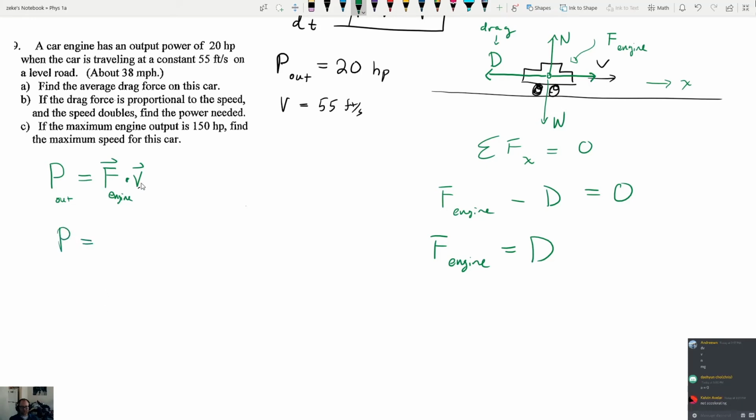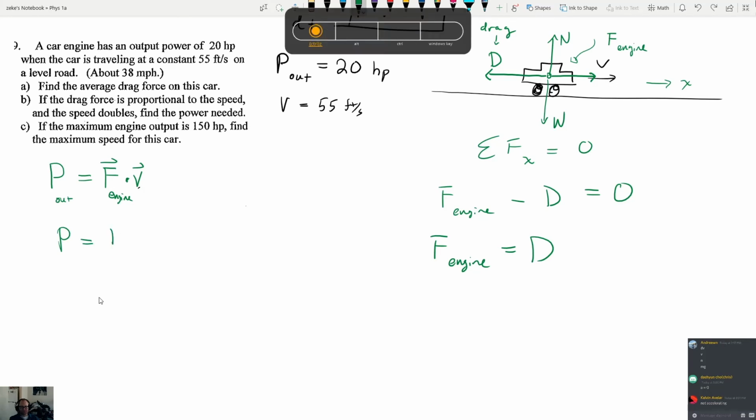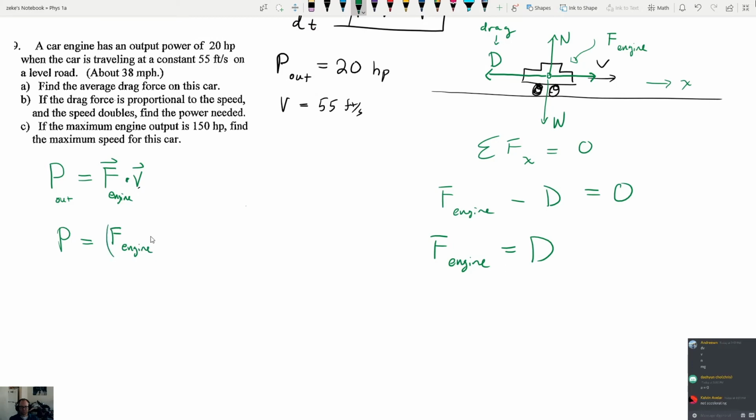The force of the engine and the velocity are parallel to each other, so we could just write this as F times V. And we can solve for this by saying power divided by velocity is equal to the force of the engine. So this is going to be 20 horsepower divided by 55 feet per second.